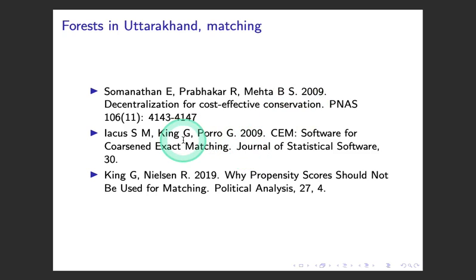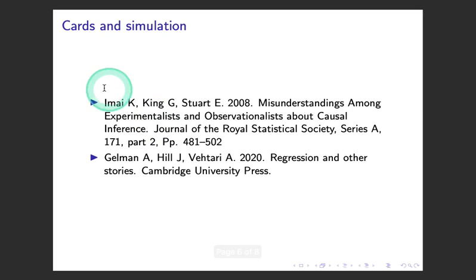This is a paper on coarsened exact matching, and this is a more recent paper saying why propensity scores should not be used for matching. So propensity scores are a highly used method for matching, and Gary King and Nielsen have made an argument. And for cards and simulation, there's this wonderful paper.